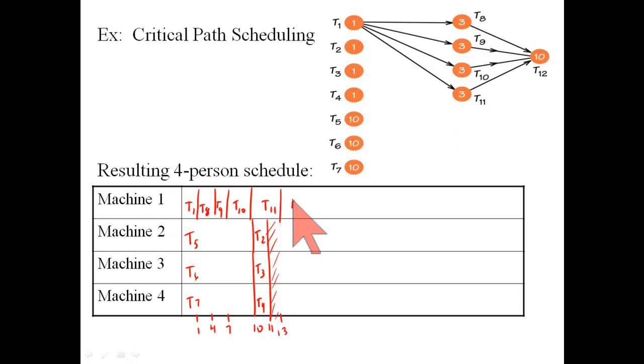Task 12 is the only thing remaining, and so machine 1 will start task 12, and that's the biggie. It's 10 minutes, and so out to 23. And that's the last remaining task, so these machines have nothing to do but idle.